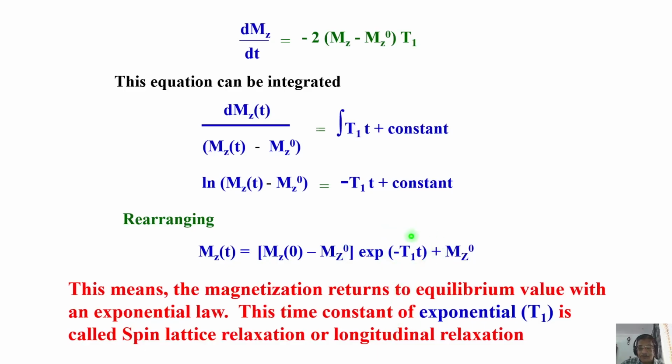The time constant for the exponential is given by T1. This is the time required for the magnetization deviating from equilibrium to reach thermal equilibrium, and it is called the spin lattice relaxation time, also called longitudinal relaxation. For the magnetization to come back along the z-axis, this is the time constant.